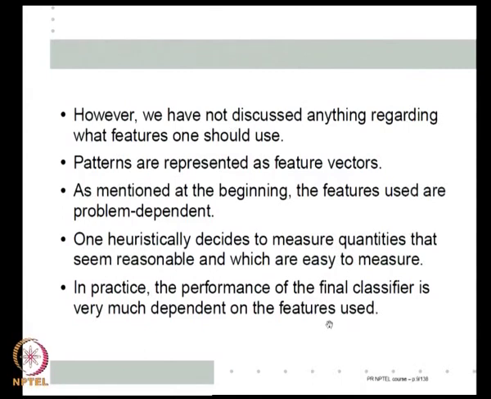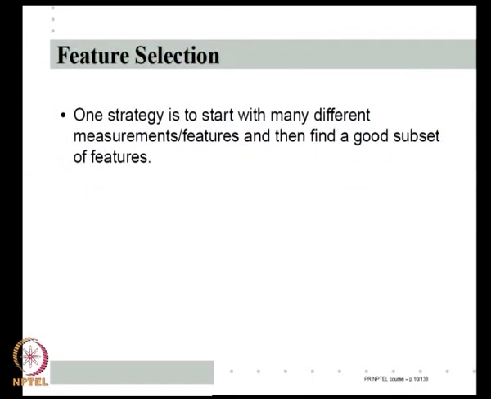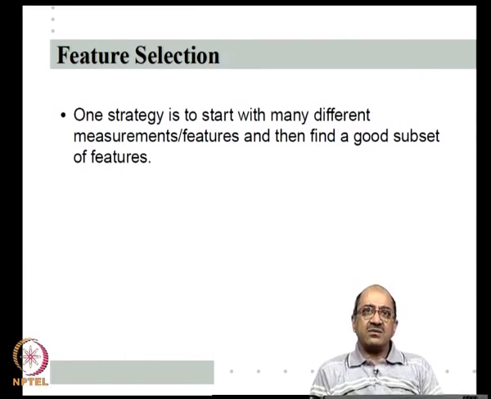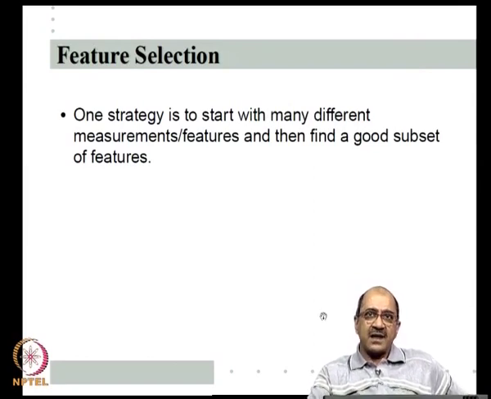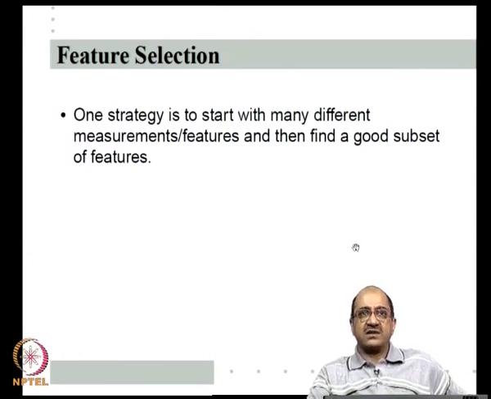So, while we cannot give any general theory of what features to measure, it is still possible to talk about, if I can measure so many features, out of that can I develop features which are useful. So, one strategy, what is called feature selection, is that we start with many different measurements. We measure whatever we think are possibly relevant, and then out of that, given our training samples, try and unearth a good subset of features.